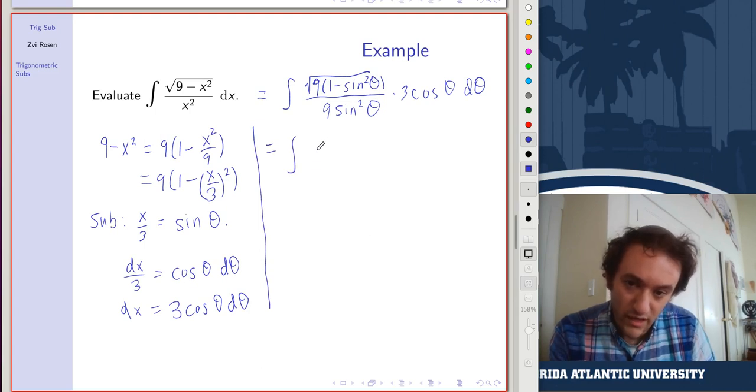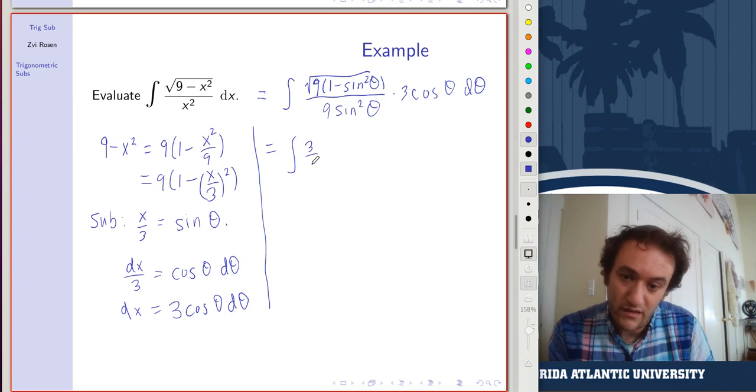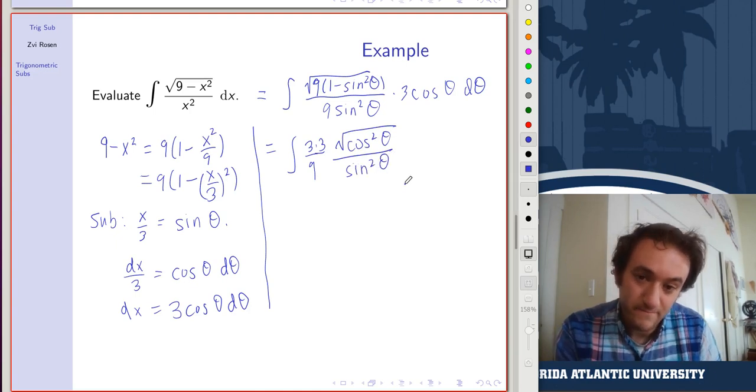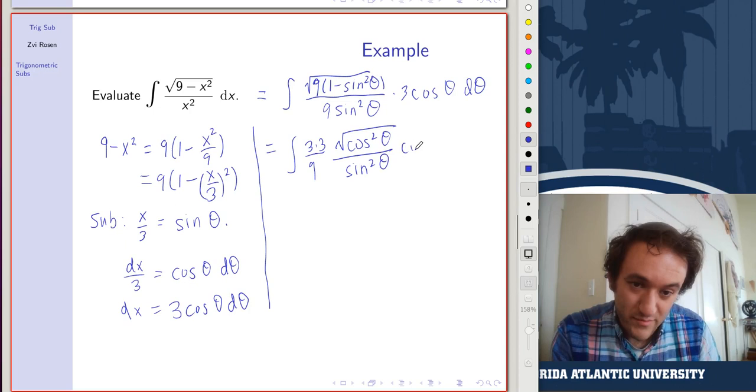This is the integral of, well, the square root of 9 is 3. So 3 over 9 will end up canceling. And we also have a factor of 3 over here, so 3 times 3 over 9. That'll all end up canceling. Times the square root of cosine squared theta divided by sine squared theta times cos theta d theta.